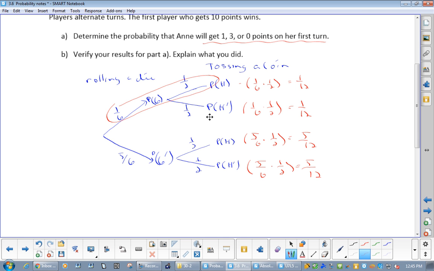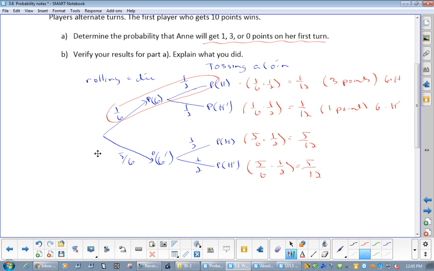Okay, now, how many points do I get for 6 heads? 3 points. So does everybody agree this is 3 points right here? Because this is 6 heads, right? How many points do I get for 6 tails? So this is 1 point for 6 tails.